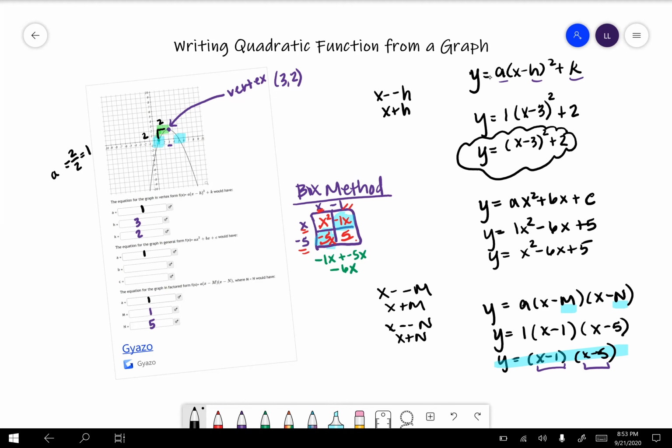In this case, a is equal to 1 because the number in front of x squared is 1. b is equal to negative 6, and c is equal to positive 5. So 1, negative 6, and positive 5. And that's how we solve that. Look out for the next video.